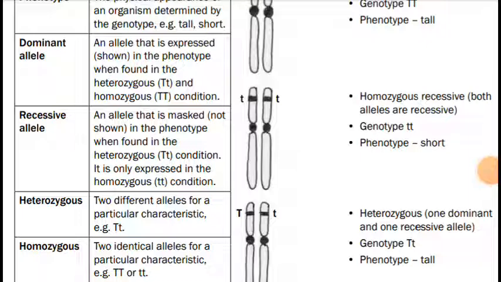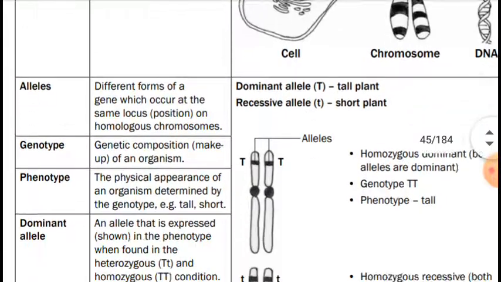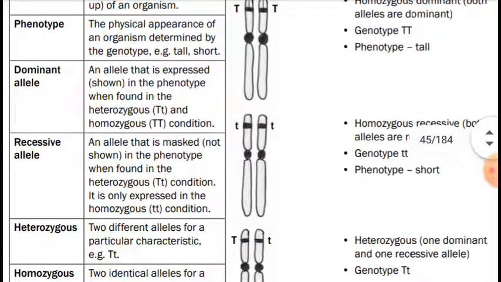So we're talking about the recessive. Heterozygous means this: let's say on a father, the father has two alleles which are not similar. The one is dominant and the other one is recessive.